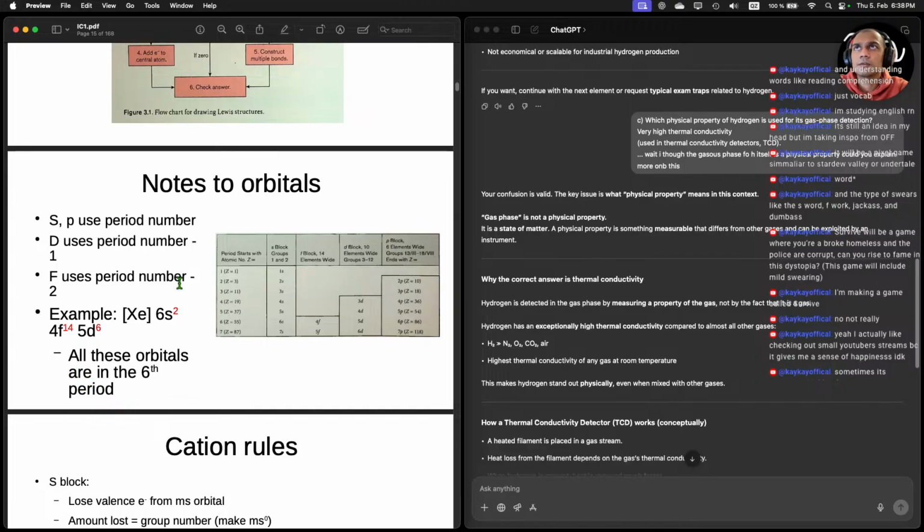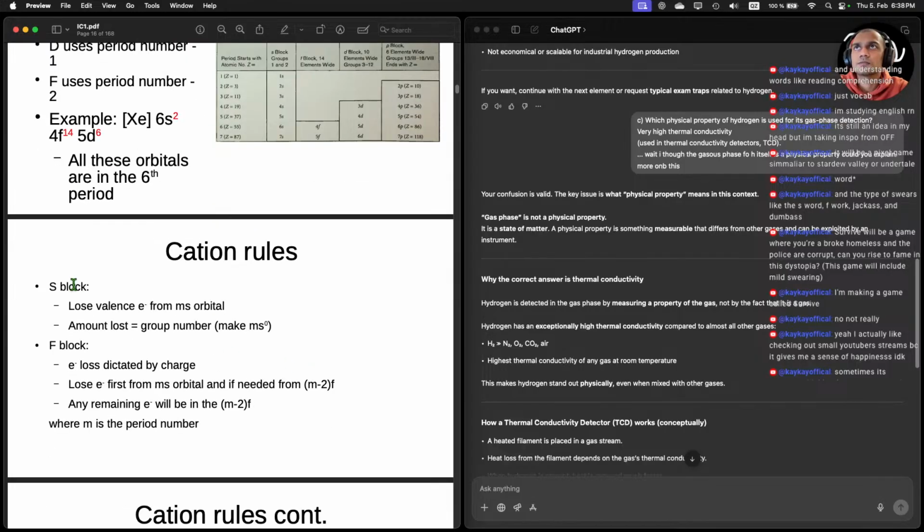F uses period number 2. Cation rules: lose valence electron from MS orbital. What exactly is MS orbital?